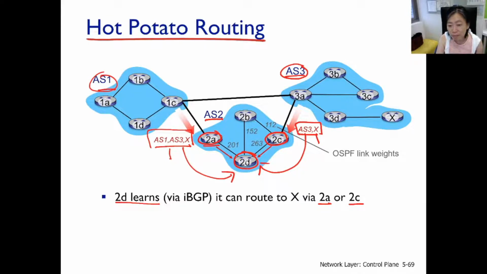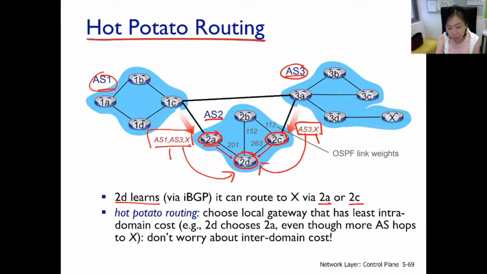Assuming we skip the shortest AS path phase and 2D goes straight to the closest next hop router phase, then we'll do this. For this path, next hop router is 2A. For this path, next hop router is 2C. 2D will consult the intra-AS routing again to find out whether 2A or 2C is closer.